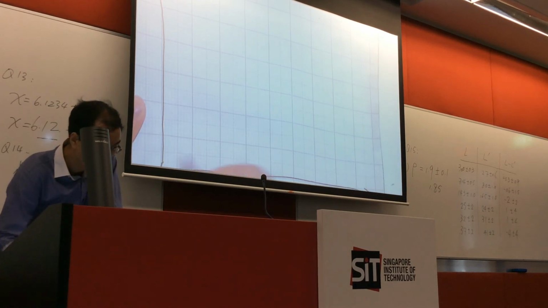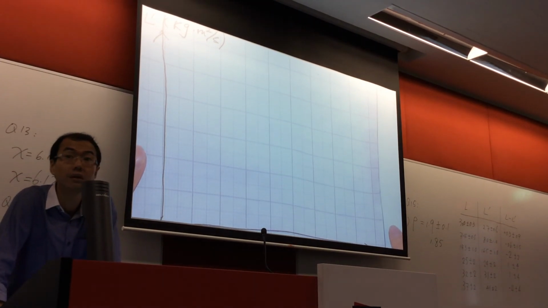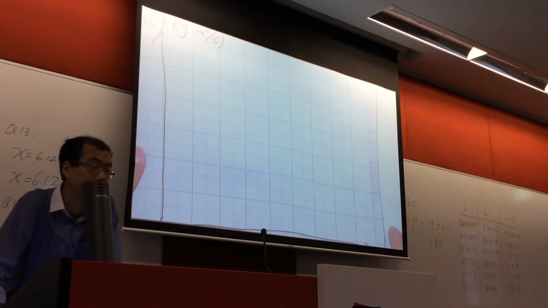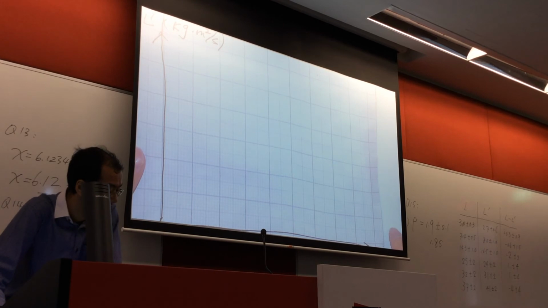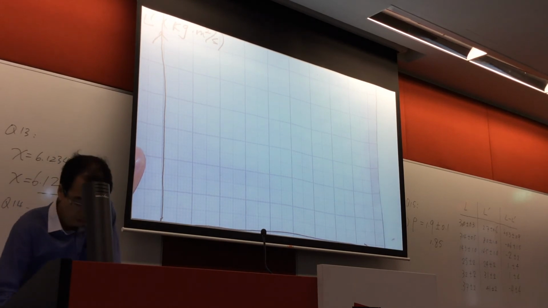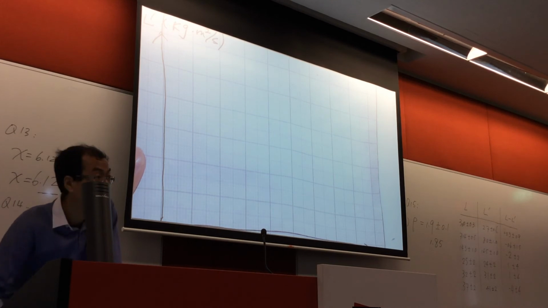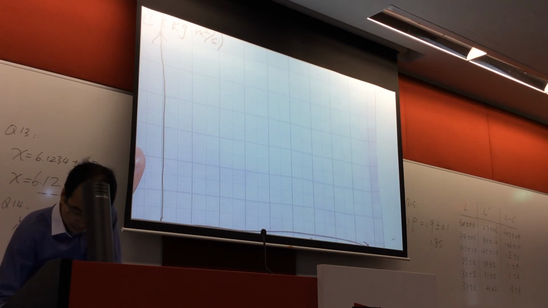The next thing you need to look at is the scale. What is the range for x? If you look at the data, the minimum is 3 and the maximum is 37. So you can choose from 0 to 40: 0, 5, 10, 15, 20, 25, 30, 35, and 40.